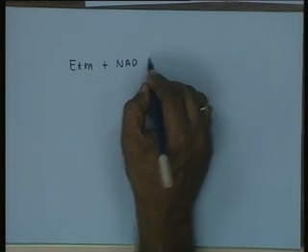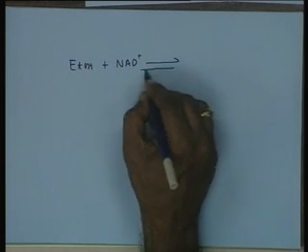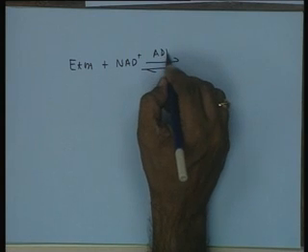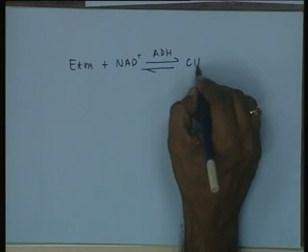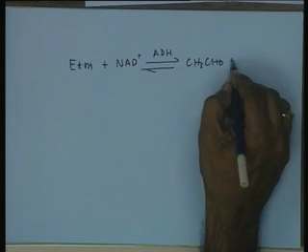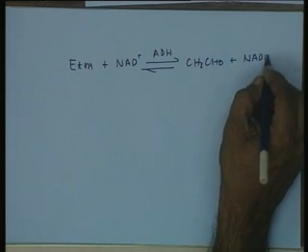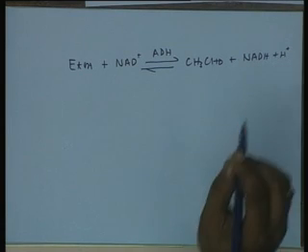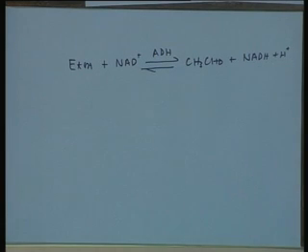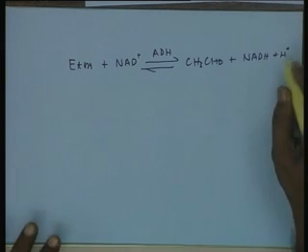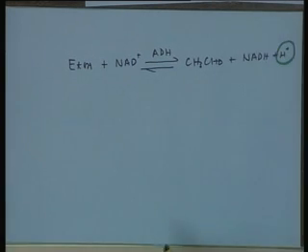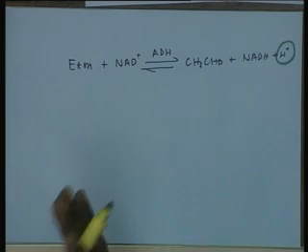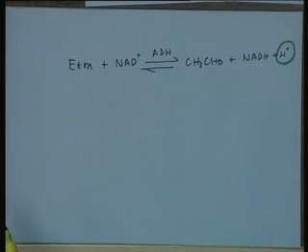If you take for example ethanol oxidation by alcohol dehydrogenase forming acetaldehyde plus NADH plus H+, you will notice that the concentration of hydrogen ions at any given pH can be regulated by the pH of the environment.